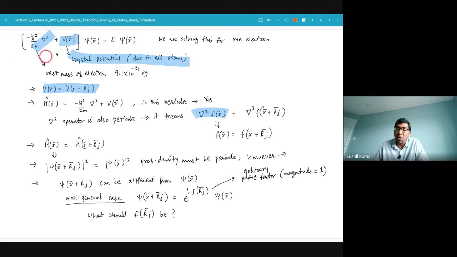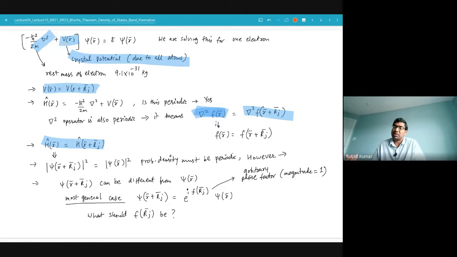In other words, this whole thing, which we call the Hamiltonian, is periodic with the periodicity of R sub j. So here is the proof. If this Laplacian acts on a function which itself is periodic with periodicity of R sub j, and you take its derivative, since that function is periodic, obviously the answer will come out to be the same. So this left-hand side will be equal to the right-hand side.